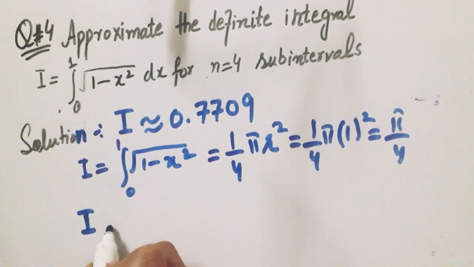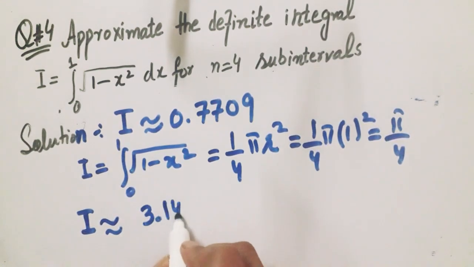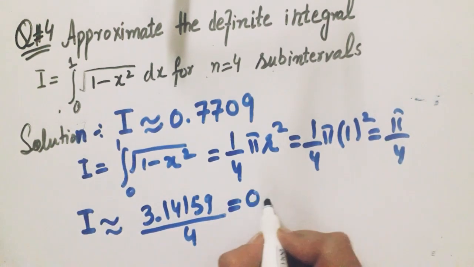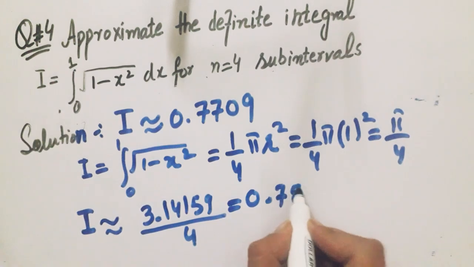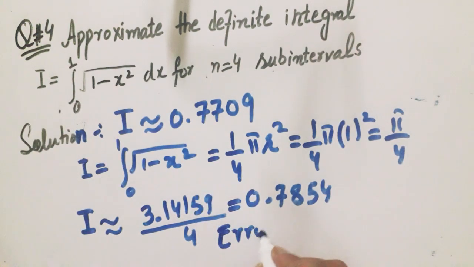Now I is approximately equal to, pi value is 3.14159. Divided by 4, you will get 0.7854. So this answer is approximately equal to 0.77. Now we will also find the error.